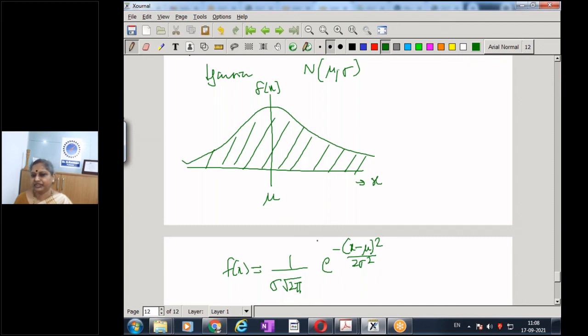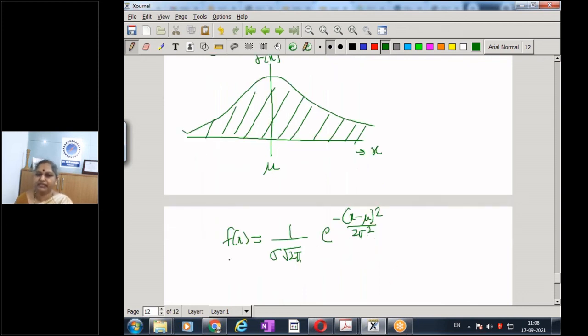What is the area of this function? Any probability function, what's the area? 1. Yes. So when I integrate f of x dx from minus infinity to infinity, the area should be 1. For any probability function, the area is 1.